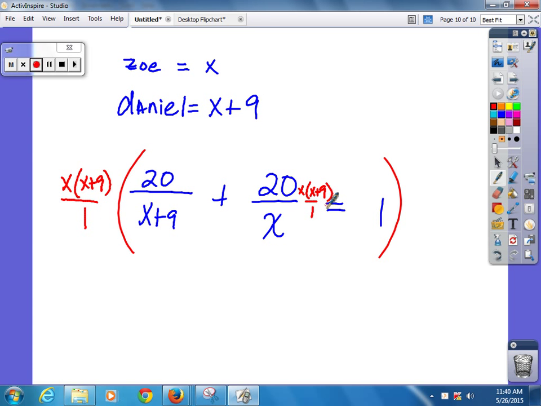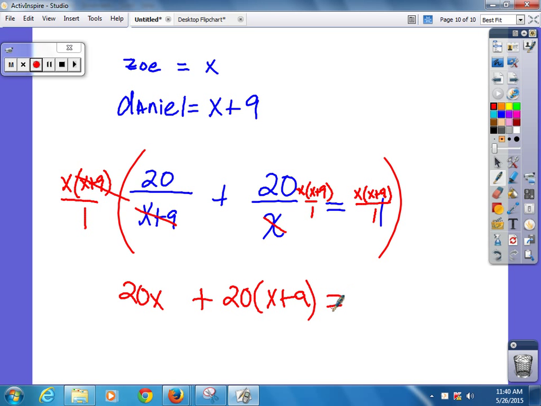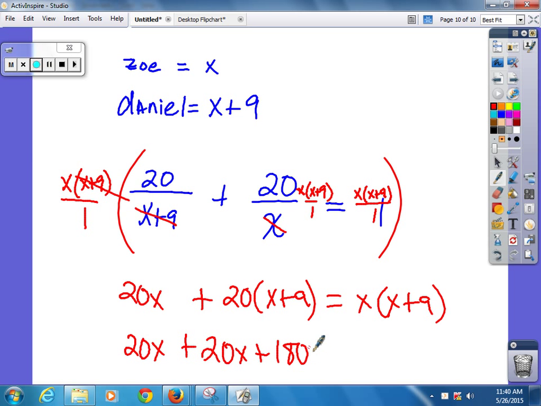I'm trying to condense the baby steps. And that's going to give me 20x plus 20 times X plus 9 is equal to x times x plus 9. 20x plus 20x plus 180 is equal to x squared plus 9x.